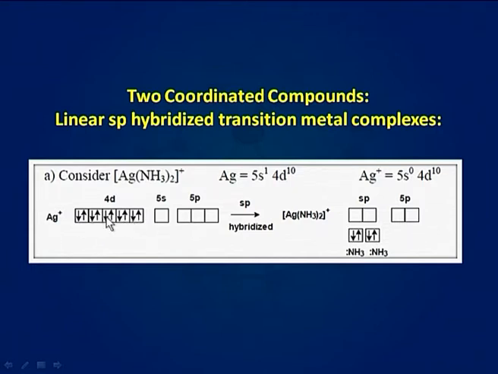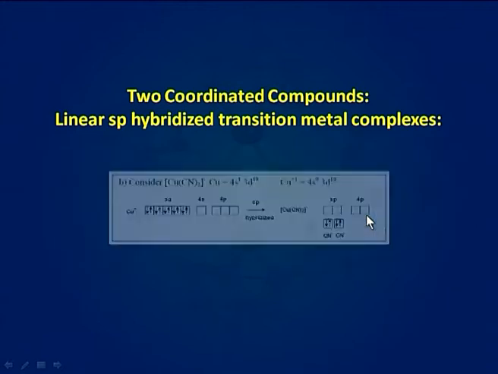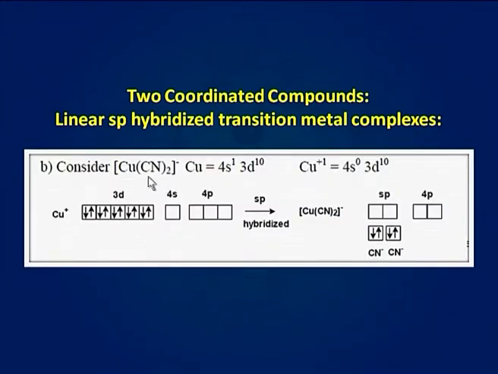Now, for coordination number 2, we require 2 orbitals. Therefore, one s and one p orbital will hybridize to provide 2 sp hybridized orbitals, and this complex will have sp hybridization and linear geometry. Here is another example with sp hybridization, Cu(CN)2 minus.